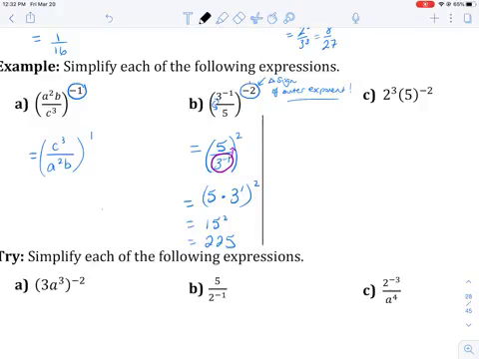So another way to think this through is, again, we can expand this negative 2 inside to each individual power. So we could rewrite this as 3 to the positive 2, because this is the power of a power law. Negative 1 times negative 2 is positive 2, over 5 to the negative 2, because there's an invisible 1 exponent on that 5.